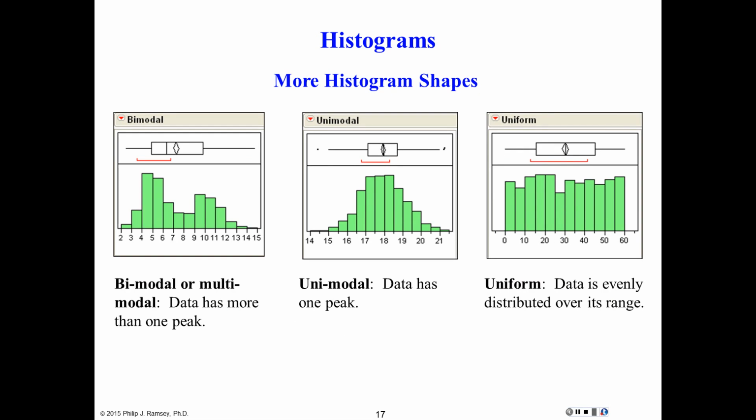By the way, if you see more than one peak area, notice this one on slide 17, if you look at it carefully, there are two peaks. We would call this one bimodal or multimodal. I'll show you an example later. What this actually indicates is you've gotten two different distributions mixed together.